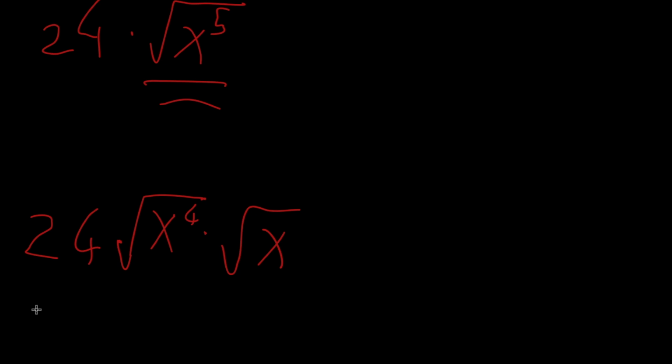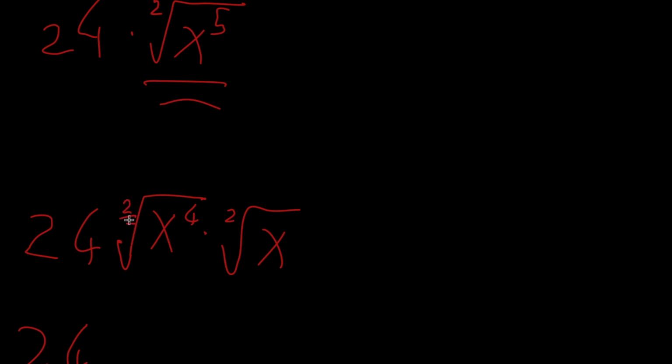And you get 24 times the square root of x to the 4th. We don't need to write the index 2 because you probably know, and if you don't, this is another radical property. There's this little index 2 here, even though we don't really write it if it's a square root.